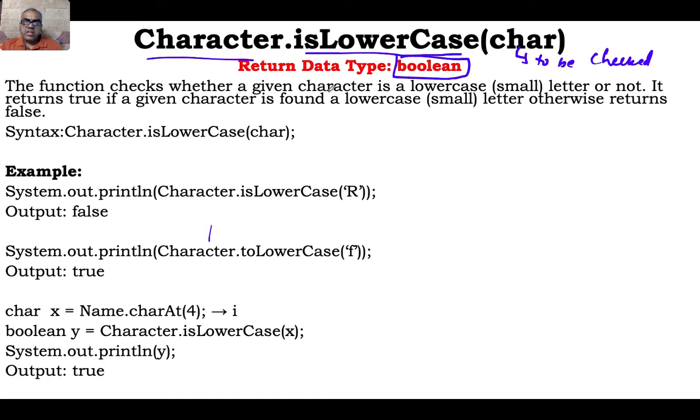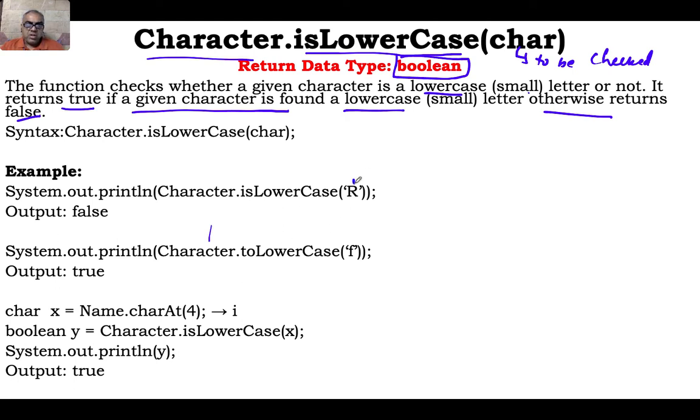It will return true if the given character is found to be lowercase, otherwise false. Otherwise means every other character other than a lowercase letter: digits, special signs and capital letters, the return will be false.